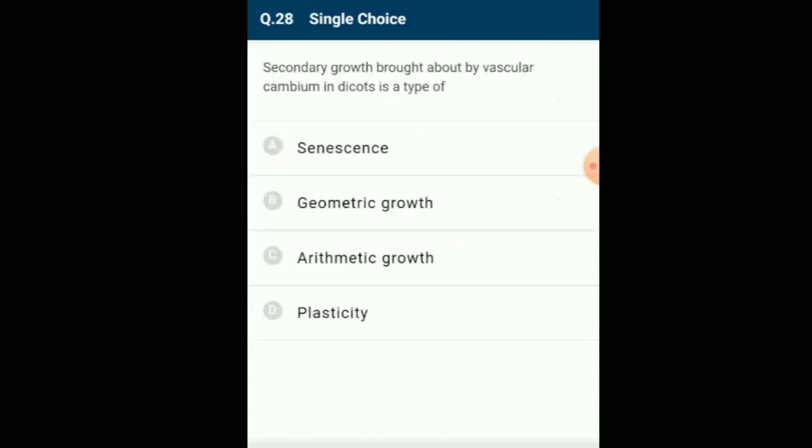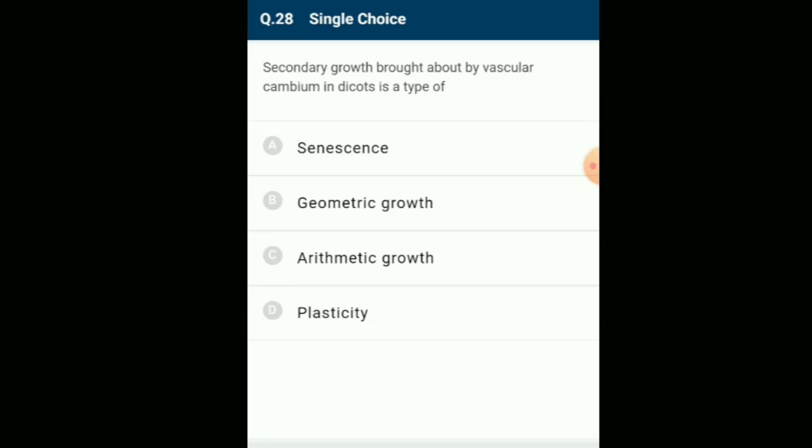Question number 28. Secondary growth brought about by vascular cambium in dicot is a type of... In arithmetic growth, the cell divides giving rise to two daughter cells, of which only one daughter cell continues to divide while the other differentiates and matures to become a permanent cell.